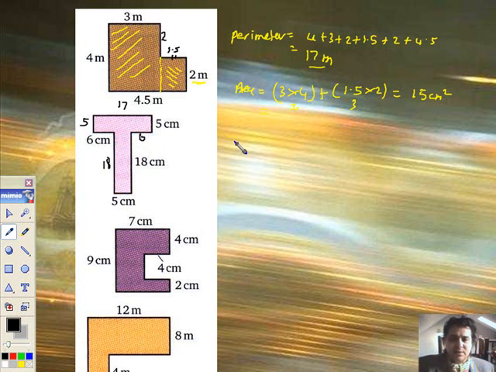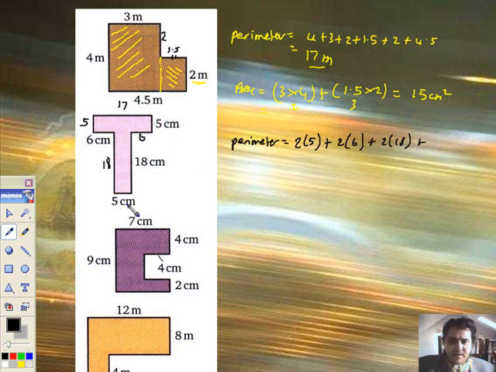So ready? Let's do the perimeter. Lots of little bits. Let's just pair up, shall we? I've got 2 lots of 5. I've got 2 lots of 6s. I've got 2 lots of 18.